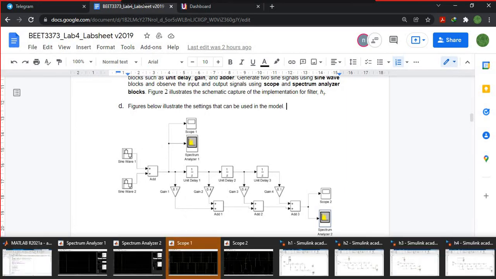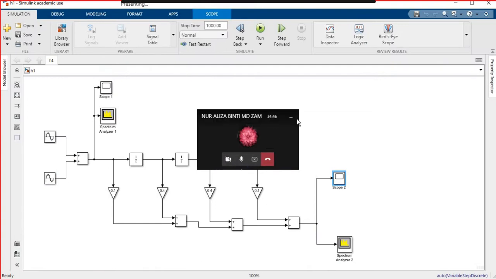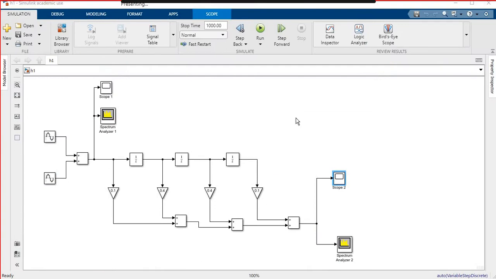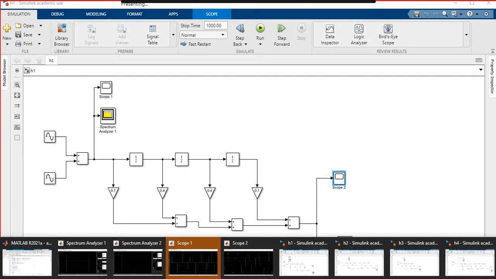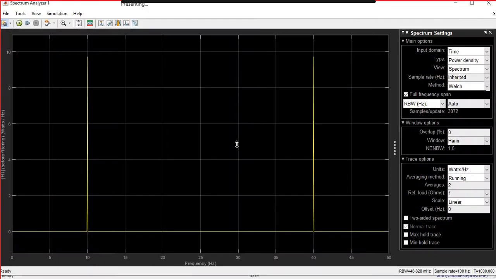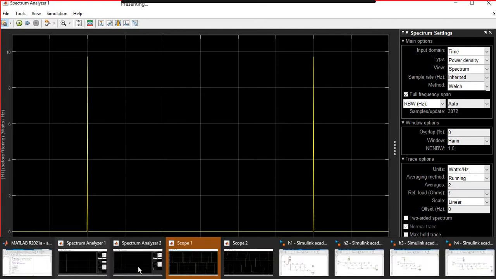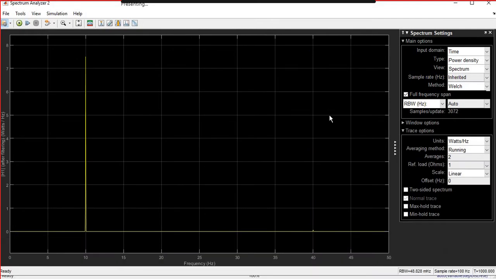We go to the Simulink. This is the Simulink for H1. So we run the Simulink and get the spectrum analyzer 1, and this is spectrum analyzer number 2.